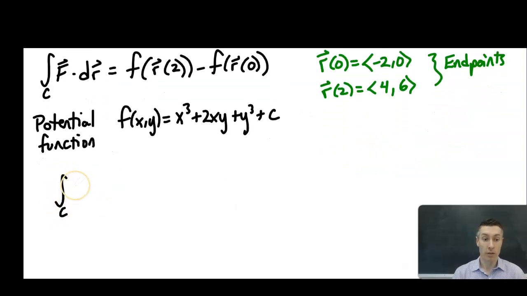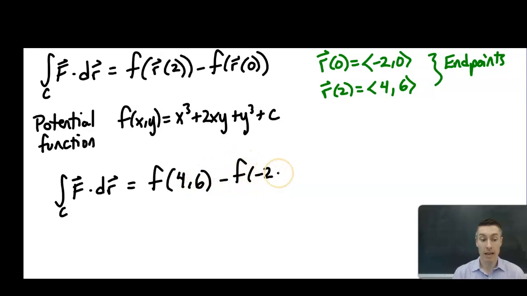So the integral that we're trying to compute is f of 4, 6 minus f of negative 2, 0.